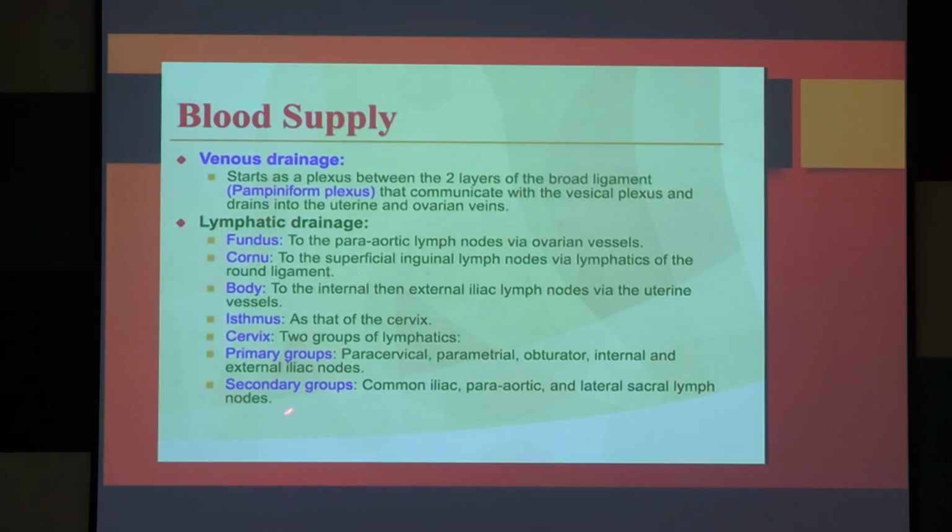These are the primary groups. The secondary groups are the common iliac, para-aortic, and lateral sacral lymph nodes. By that time the spread is so much that distant spread is possibly there, so removal is not very effective in preventing the growth.